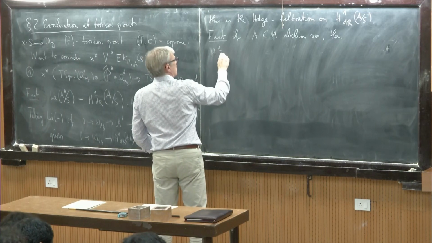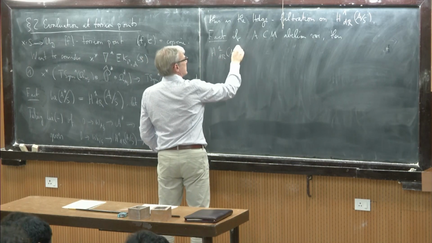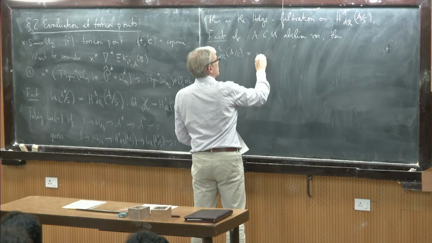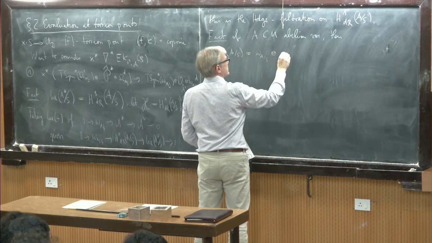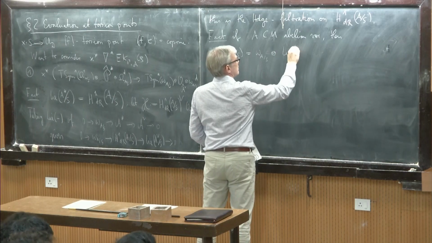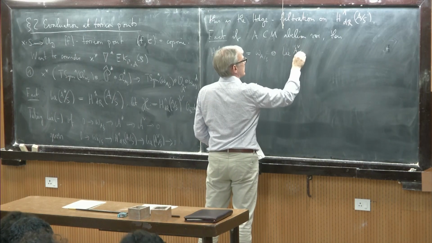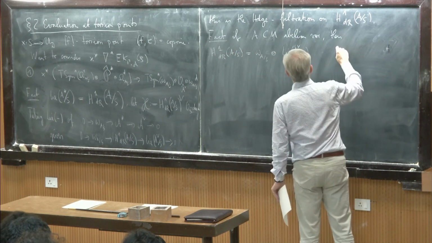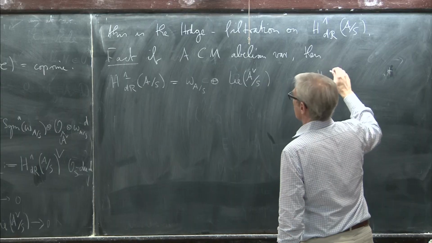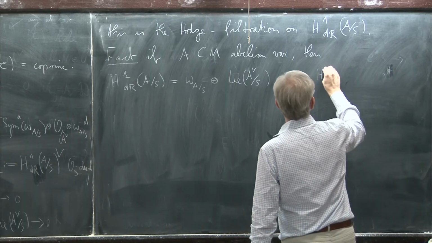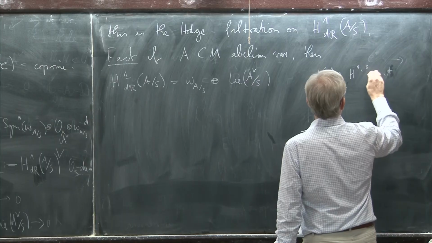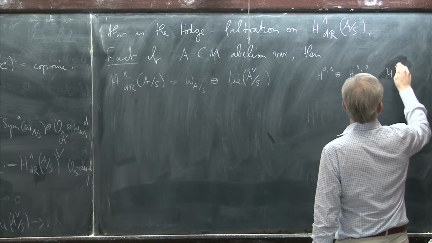The de Rham cohomology splits into omega A over S direct sum Lie A dual over S. This is like the H01 plus H10 decomposition of the H1 de Rham.